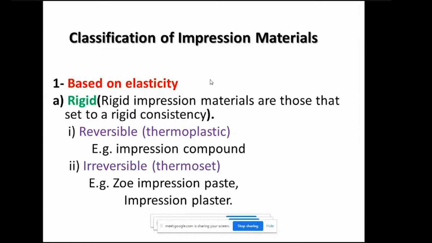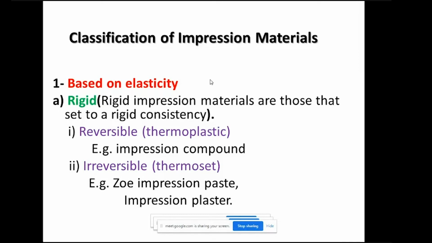Before you start, it's a rigid material. After you start, you must put it in the hot water in order to manipulate. After that, it changes to soft. When you remove it from the hot water, it returns back to rigid. That's why we call it a reversible material.